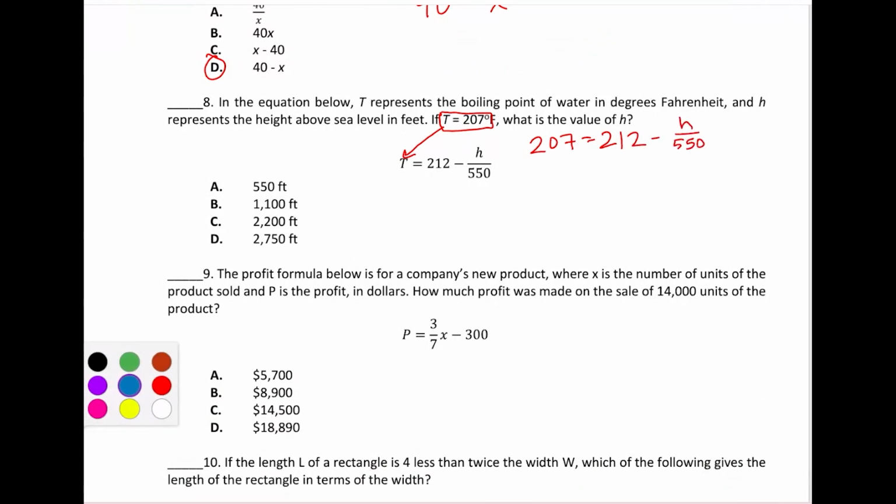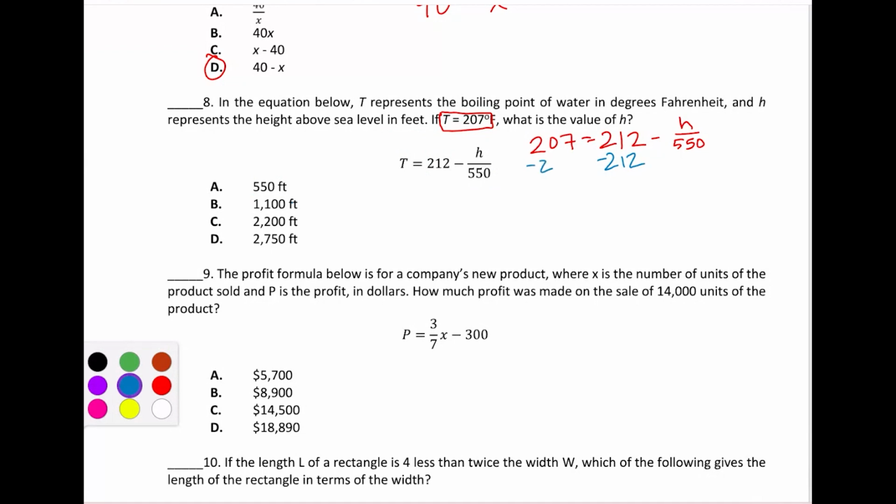We do need to solve this, although, again, you could use the answer choices, like plug in 550 into H. See, does this equal 207? If it doesn't, try the next one. Plug in 1,100 into H. See if that equals 207, and so forth. And honestly, that's probably going to be an easier way to work this one out. But if you do want to solve it traditionally, I'll go through those steps here.